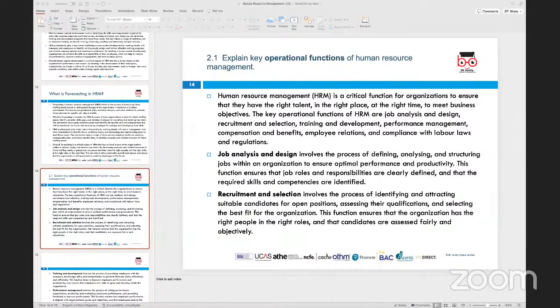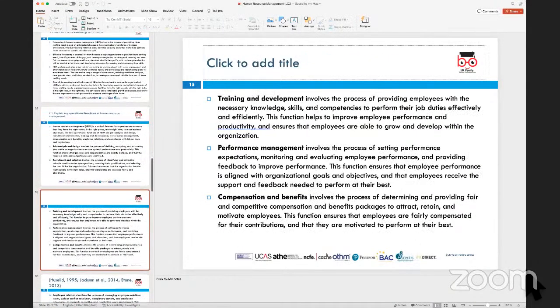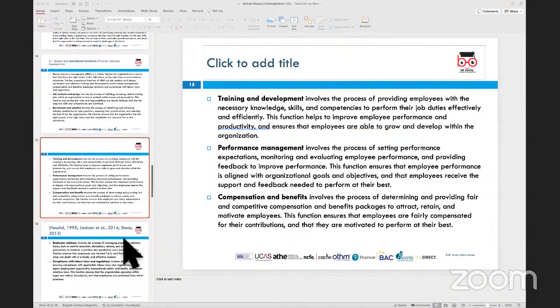So the operational side of functions typically relates to recruitment and selection, job analysis and design, training and development, performance management, and detailing compensation and benefits. These are the core functions which fall on the operational side of HR, and they would need to be discussed in this particular aspect.